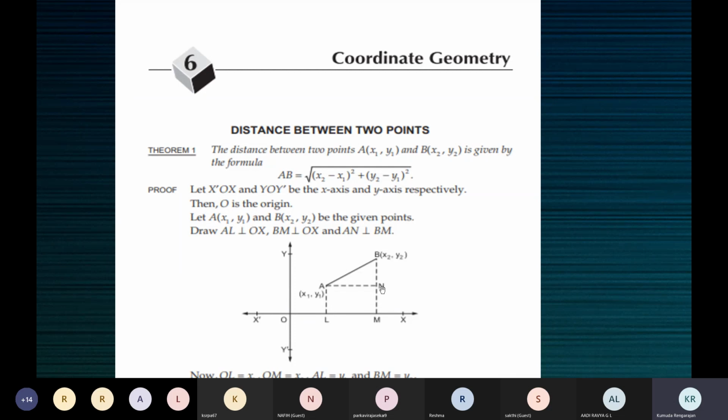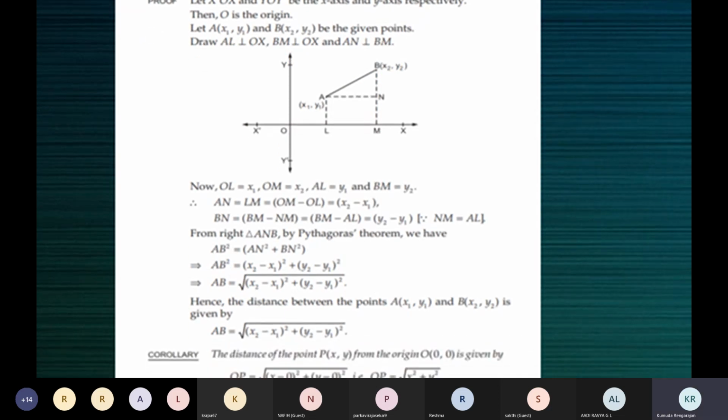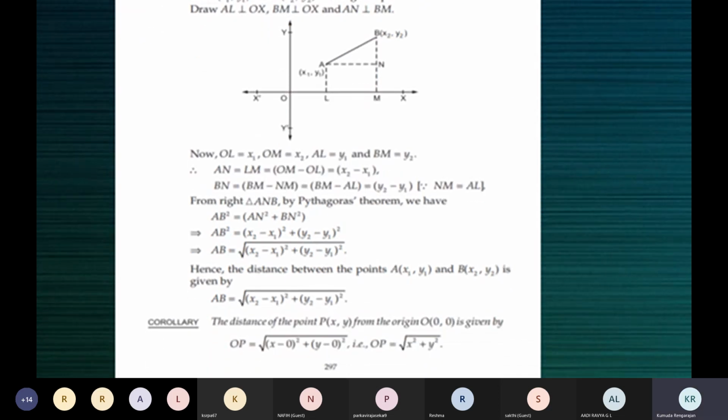So BN is equal to Y2 minus Y1 units, which means AN is X2 minus X1 units and BN is Y2 minus Y1 units. You can see this later. That's what is worked here.